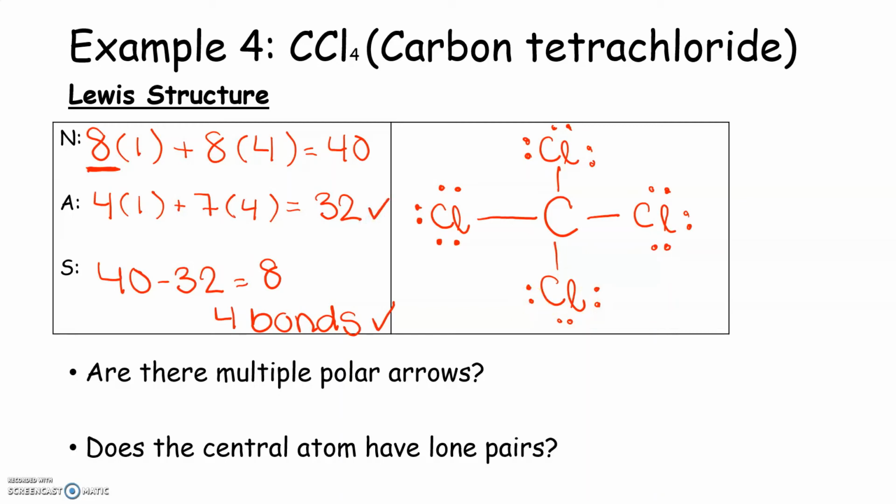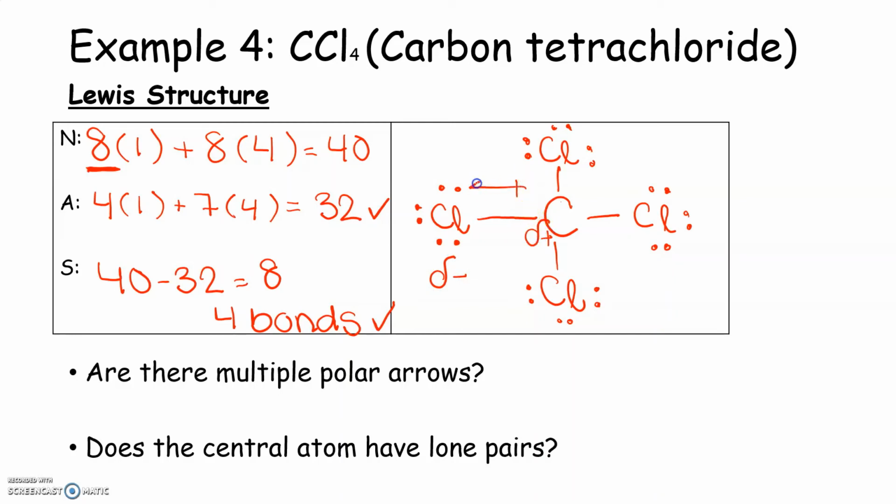So now let's check and see if the bonds between carbon and chlorine are polar or nonpolar. It's not between carbon and hydrogen, and it is not between chlorine and chlorine. It's between carbon and chlorine. So it is a polar bond. So chlorine is dipole negative and carbon is dipole positive.